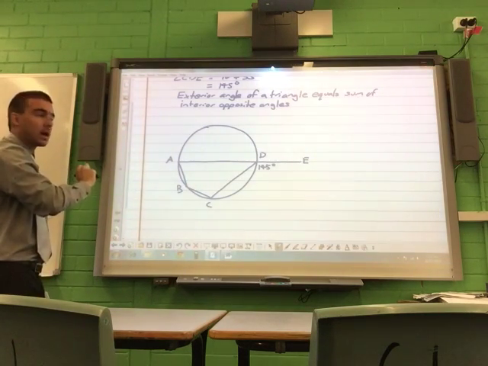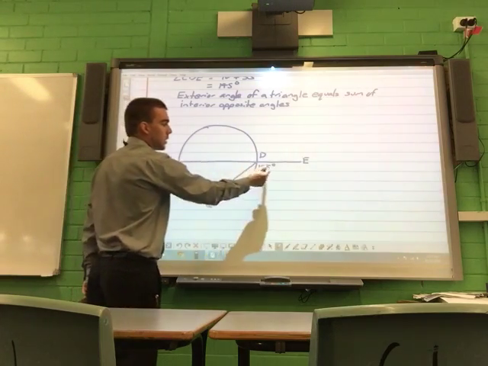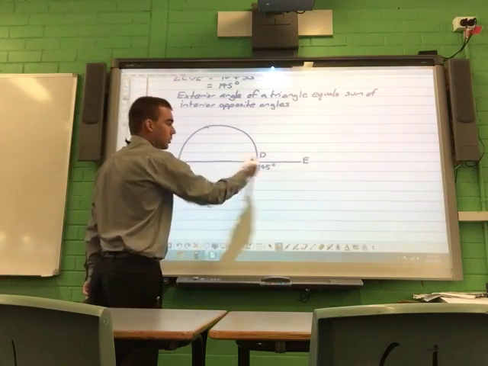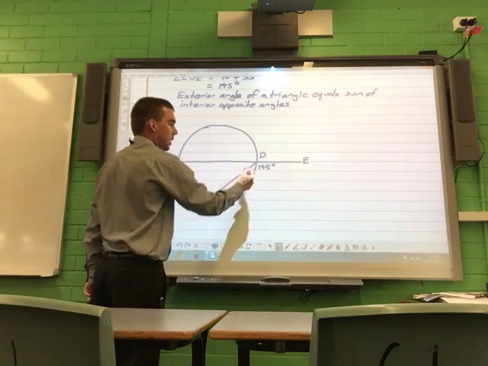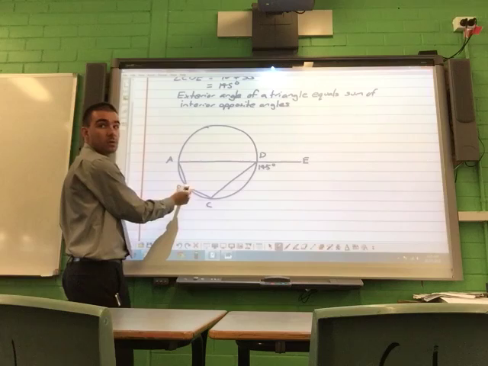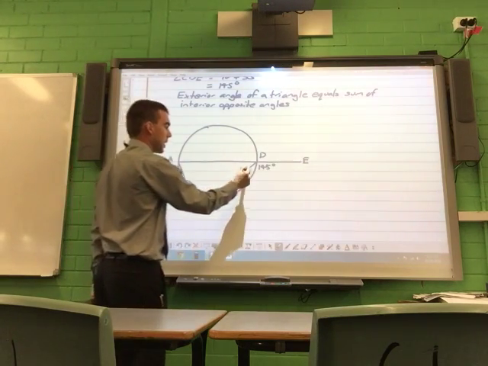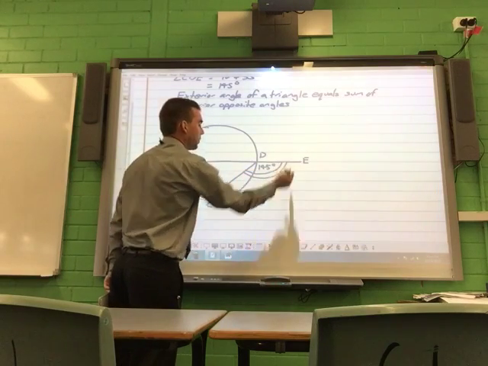Any 4 points will make a cyclic quad. Right, so the exterior angle of a cyclic quad, so when you extend a side, is equal to the interior opposite angle. So this angle will be exactly the same as that angle.